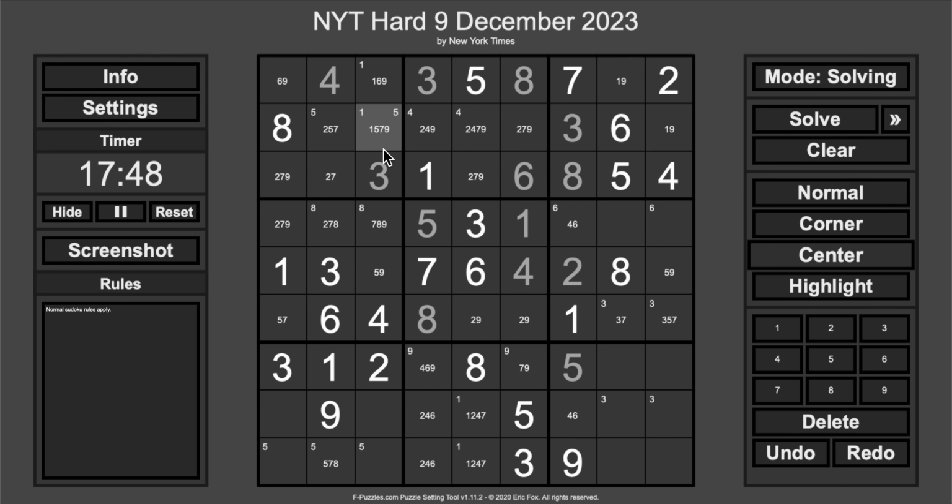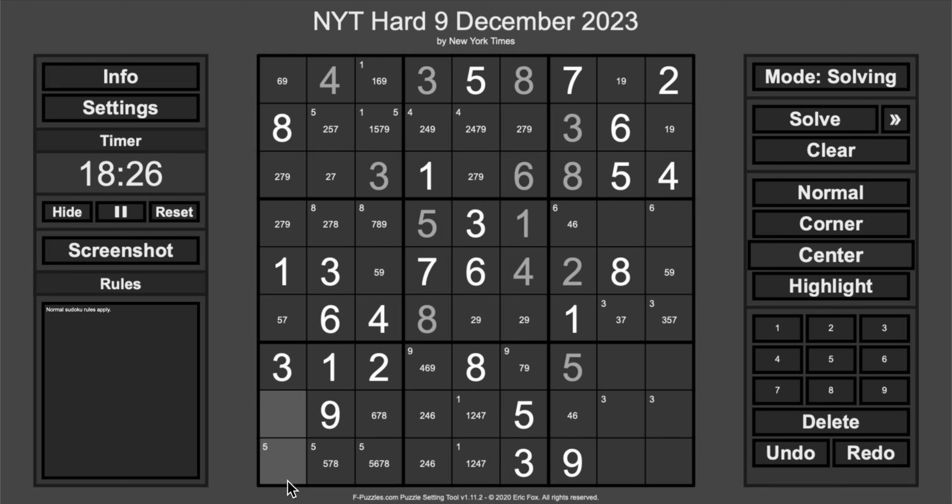Hmm. Let's see. These two are not 1, 2, 3, 4, or 9. So they are from 5, 6, 7, 8. That's not 5. Oh. 5, 6, 7, 8, but I got 3 cells. They're not 4. That's annoying.